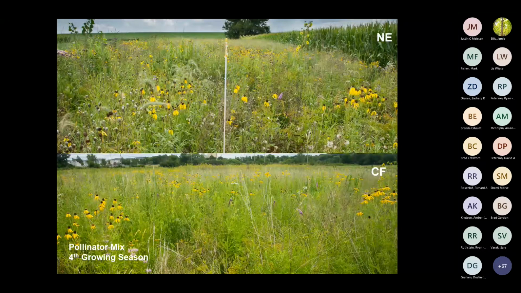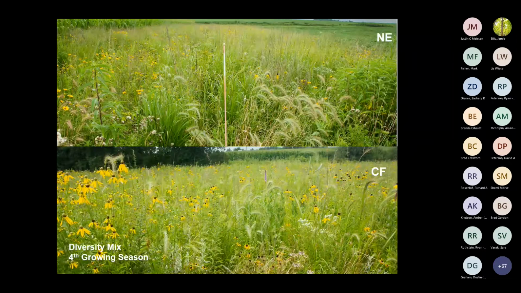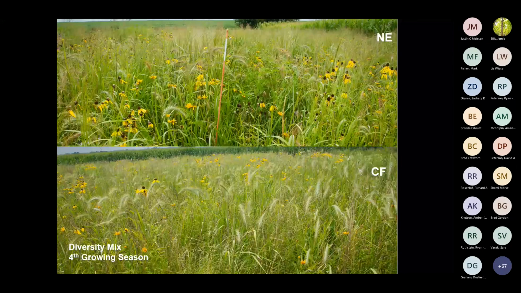So this is a forb-dominated pollinator mix in both experiments. Nashua experiment on the top and Cedar Falls on the bottom. Here's the diversity mix, that balanced seed mix. Again, Nashua on top, Cedar Falls on the bottom. And then the grass-dominated economy mix here.